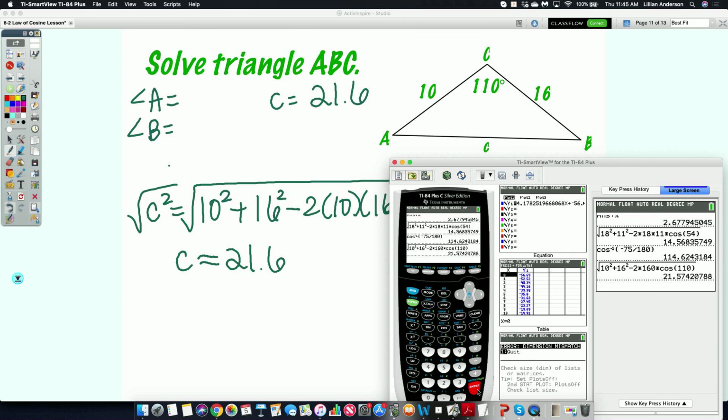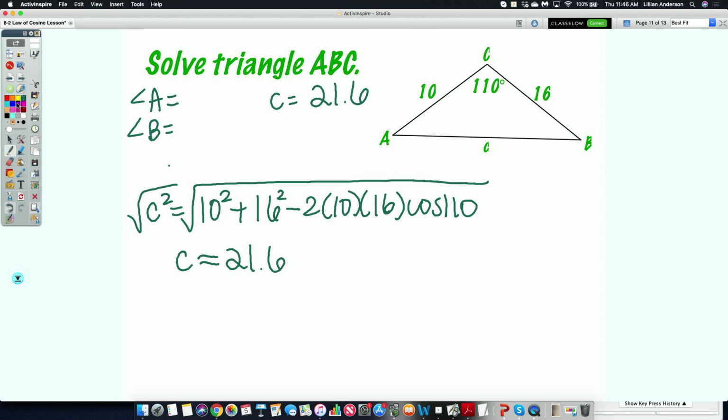Okay. So now, what angle I'm going to find next? A or B? Give me one. Let's find A. So if I want to find angle A, what am I going to use? Sine. I could definitely use sine rule here, or law of sines. I can use law of cosines too now that I know all 3 sides.